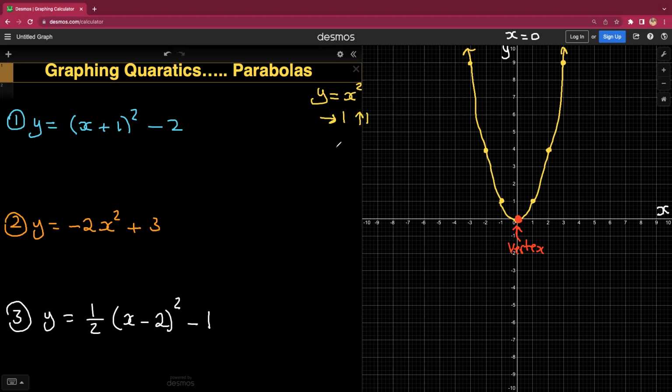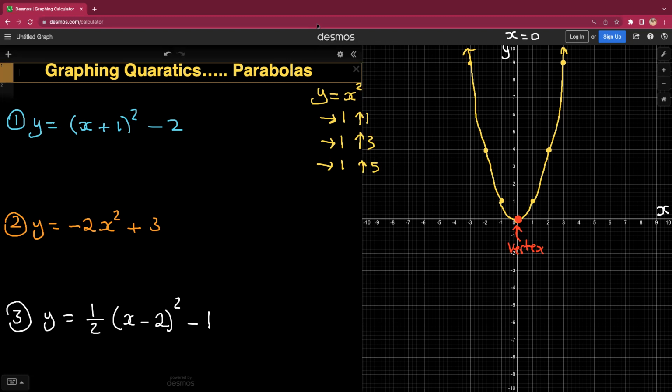The second point, you go from here, out 1, up 3. And from here, then you go out 1, up 1, 2, 3, 4, 5. So out 1 again, up 5. So the pattern is just the odd numbers: you go up 1, and then you go up 3, and then you go up 5. So out 1, up 1, out 1, up 3, out 1, up 5. So this is the pattern that we follow.